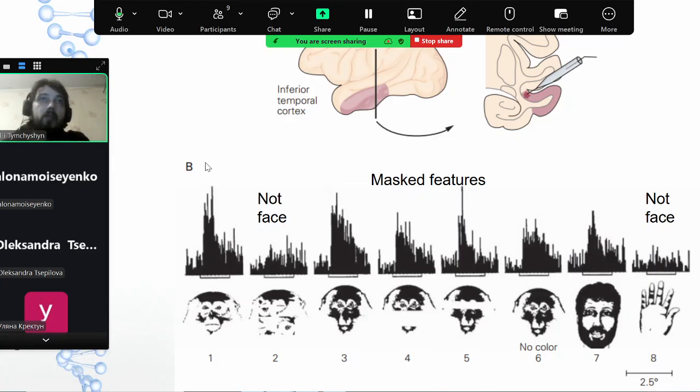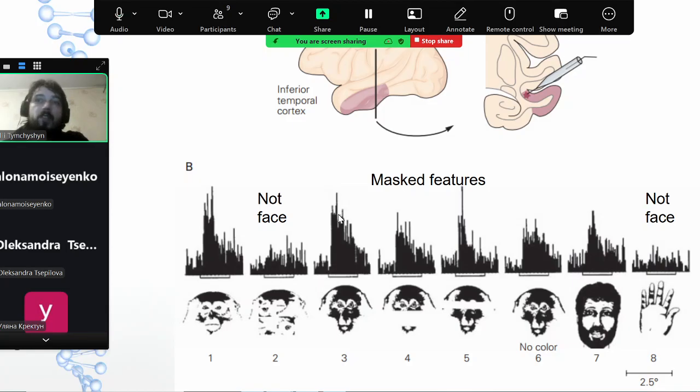So you have many action potentials that can be recorded from this part of the brain. Now you see this face was defaced, so it was changed so that you don't recognize it as a face, and you see that activity has dropped significantly. So that's a significant drop from whatever we had here. Here's once again the face of a monkey, once again a burst in activity.